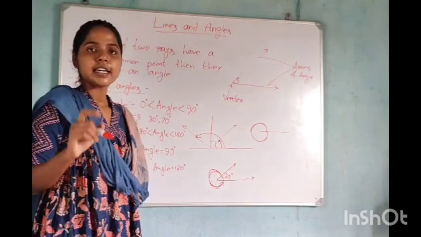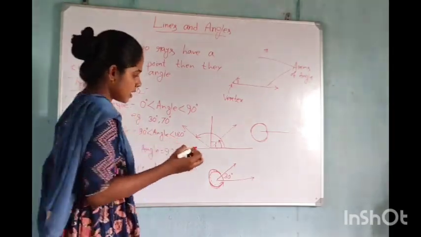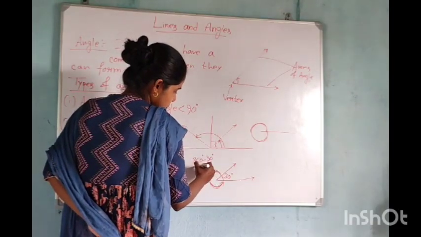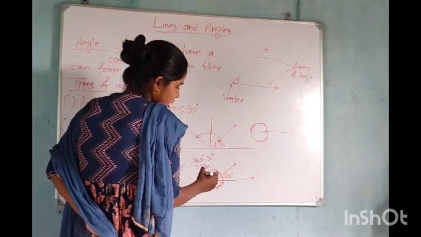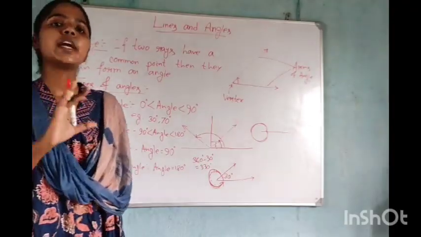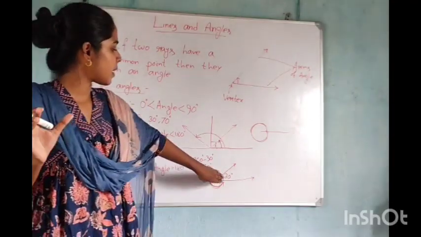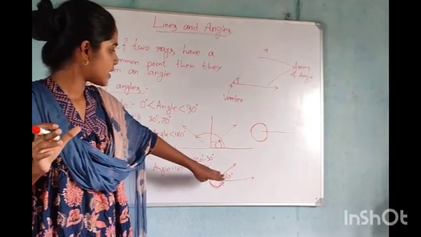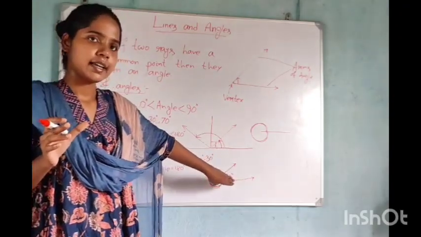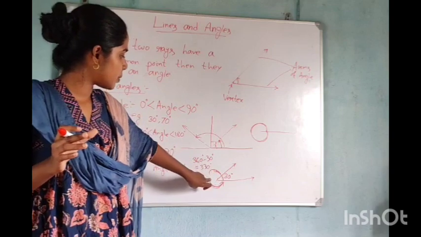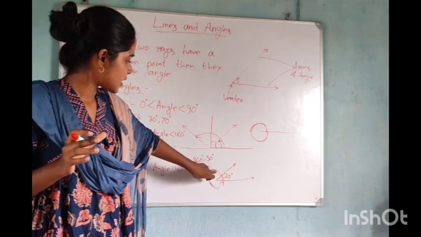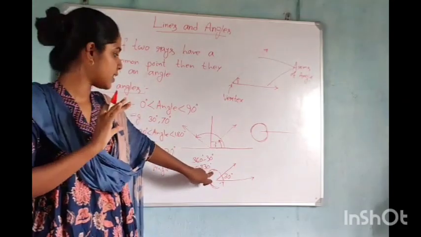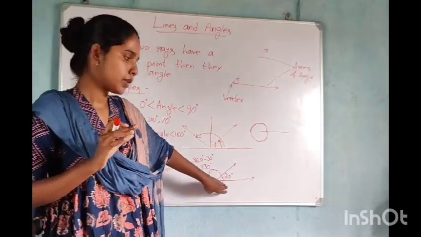This will be 360 minus 30 degree, which means 330 degree. So any angle's reflex angle we can derive. A reflex angle is basically the outside angle, the external angle of some angle. And if it is an acute angle, its external angle will obviously be greater than 180 degree and less than 360 degree.